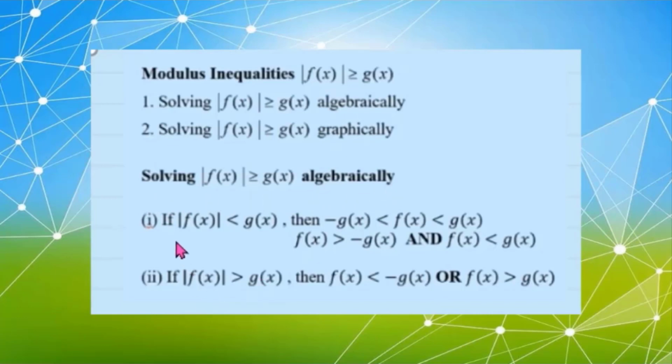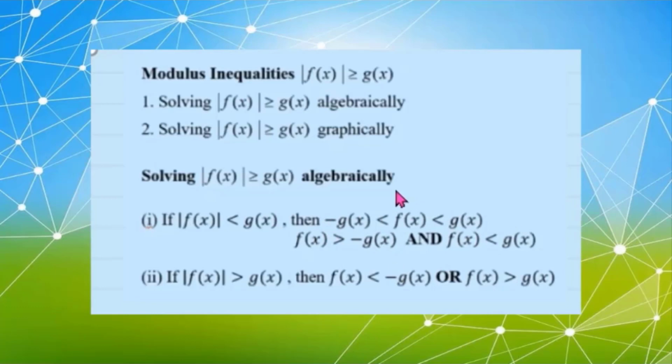As we know, if modulus f of x is less than g of x, then it is the same as f of x is greater than negative g of x, and at the same time f of x is less than positive g of x.